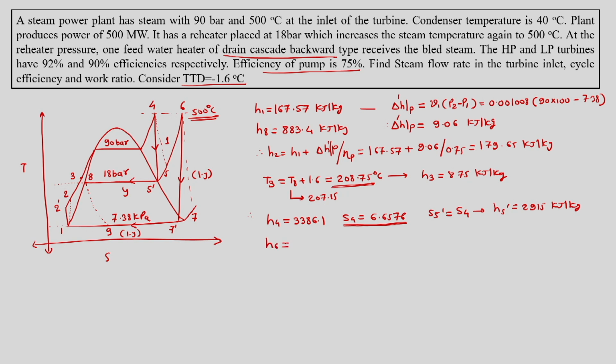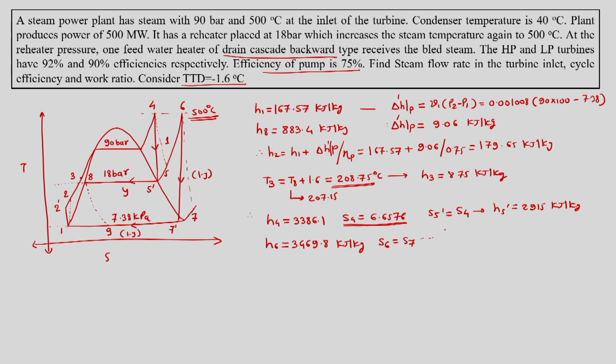Similarly, we can see it for H6, which is at 18 bar and 500 degrees Celsius. So we have H6 is equal to 3469.8 kilojoule per kg. We will keep also noted S6.